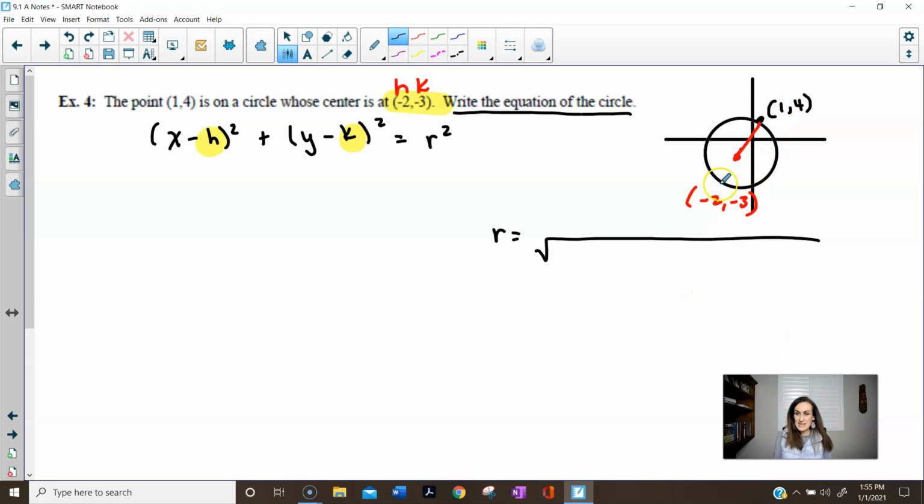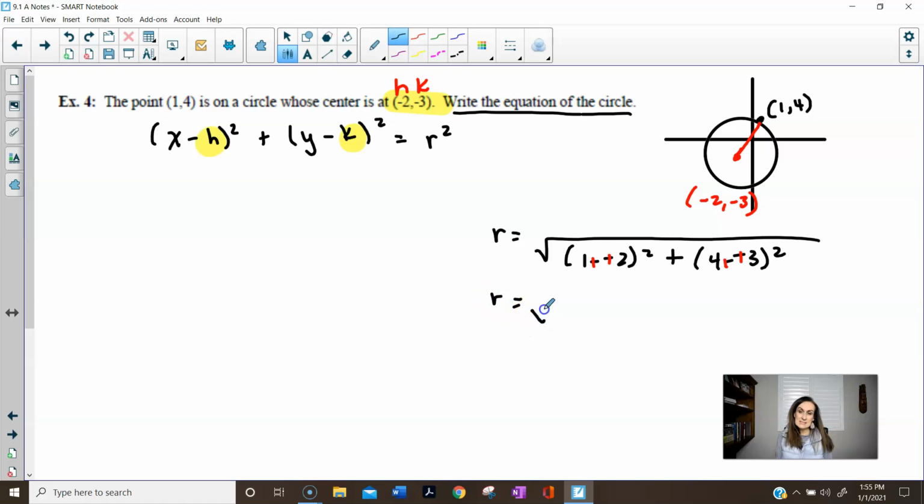So I'll subtract the x values. 1 subtract -2 squared, and then I'll subtract the y values, making sure I start with the same point. So 4 subtract -3 squared. The negative is a plus on both of those. And then we'll just simplify that.